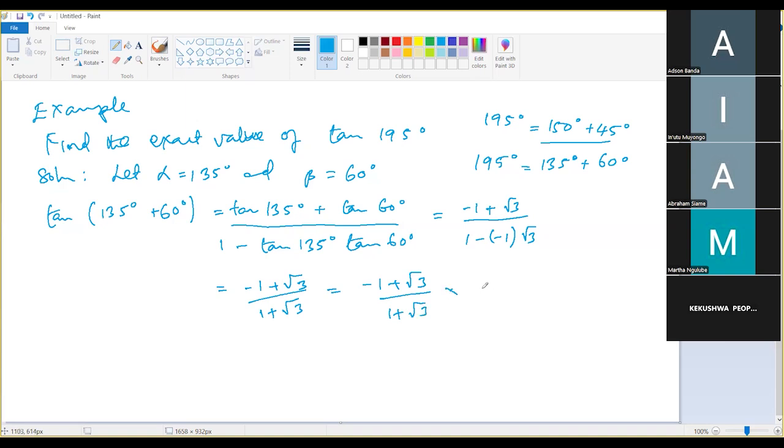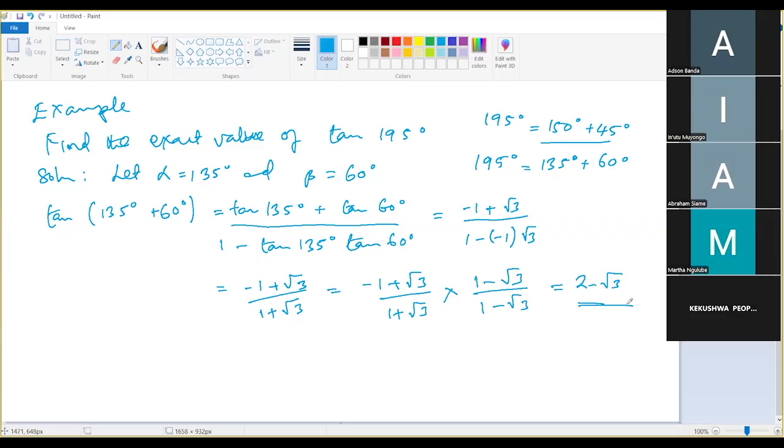So that is going to be multiplied by 1 minus root 3 divided by 1 minus root 3. Once you rationalize the denominator, you should be able to find 2 minus root 3 as your answer.